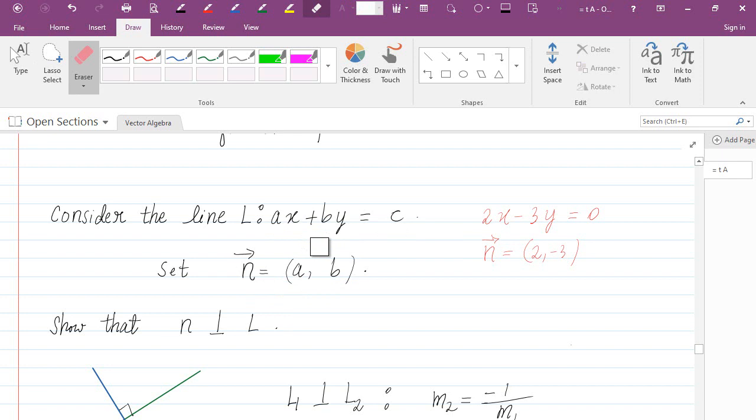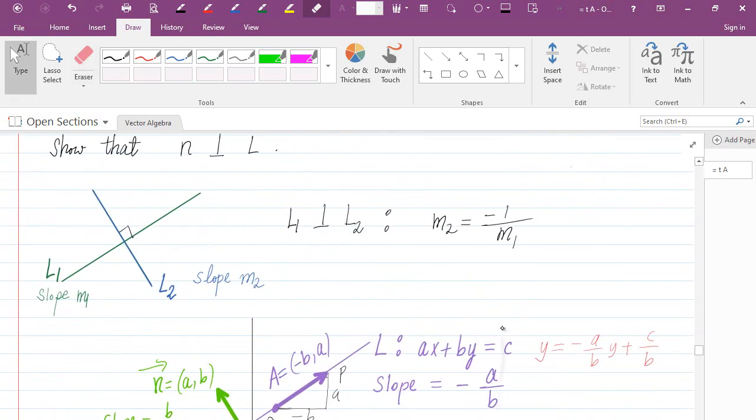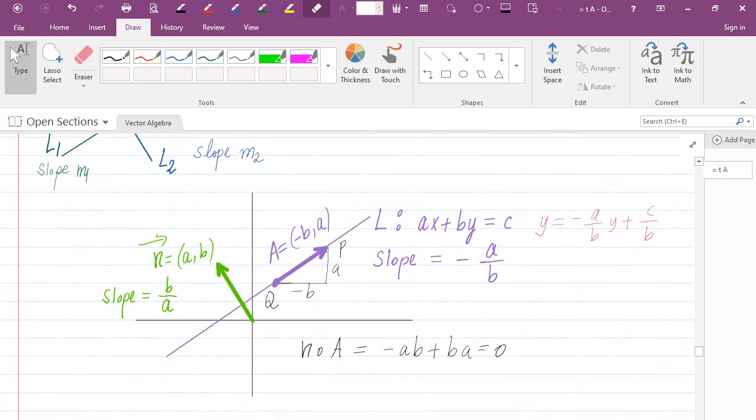So that gives me some idea that we may be able to write down the equation of a line by using a perpendicular vector. After all, if you know a perpendicular vector, that's another way of measuring the steepness of the line.